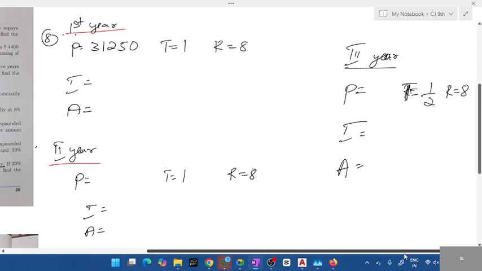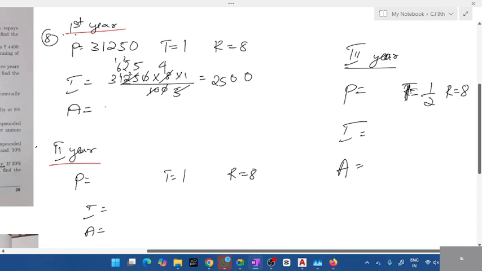Angel, can you tell me the values? What's the interest for first year? Okay, 2500. 5 fours are, 5 ones are 5, 5 sixes are 30, 5 twos are 10. What's the answer? 2500.